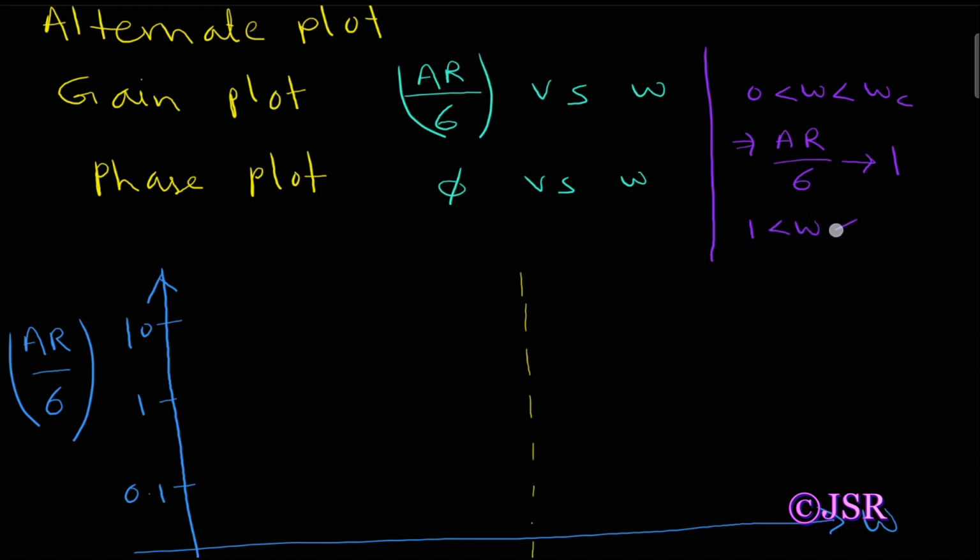When omega is greater than omega c and tends to infinity, in that case AR by 6 tends to 0, but with a slope of -1.